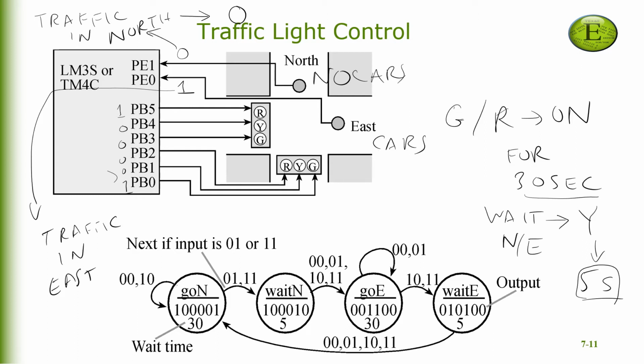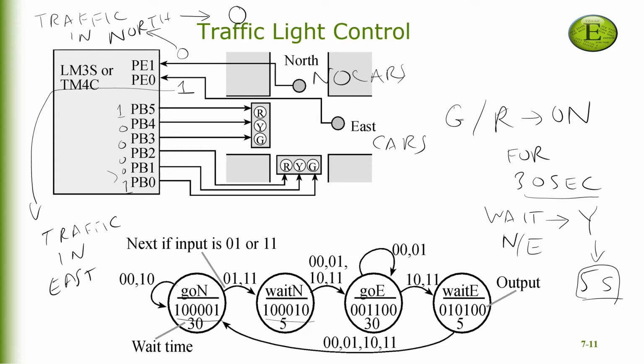In that case, we should start preparing to turn off the green light for the north traffic. In other words, we really want to go from 100001 to 100010.